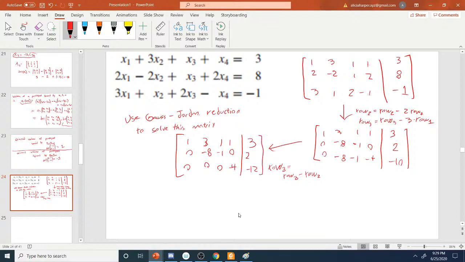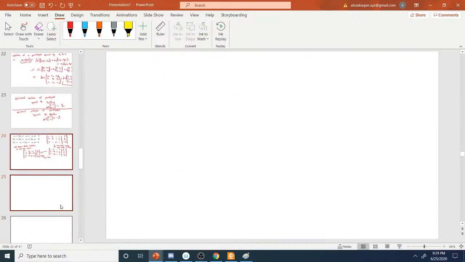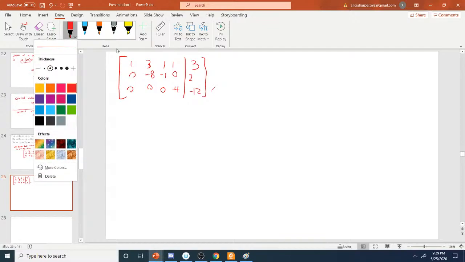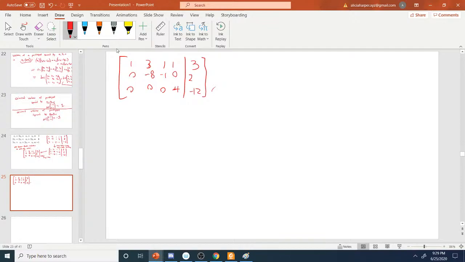Okay, so now we want to do the last steps. This is not in row reduced echelon form, but it's getting there. It is in echelon form, just not row reduced echelon form. So what we have to do is we have to do some queening.